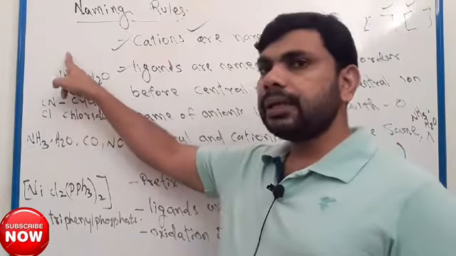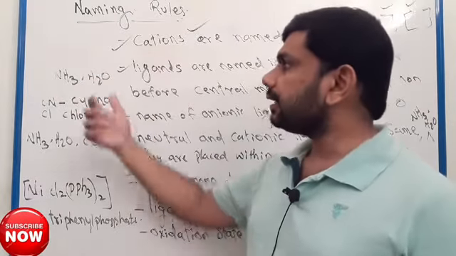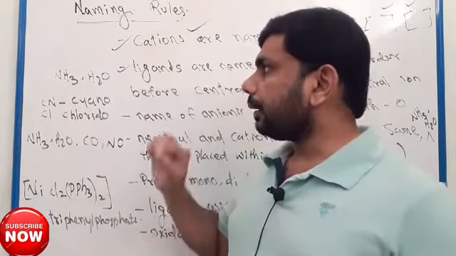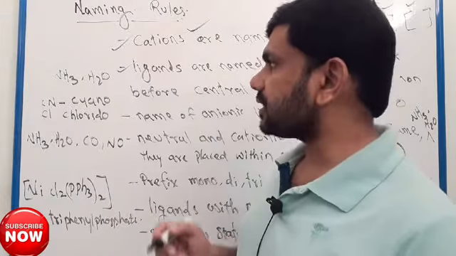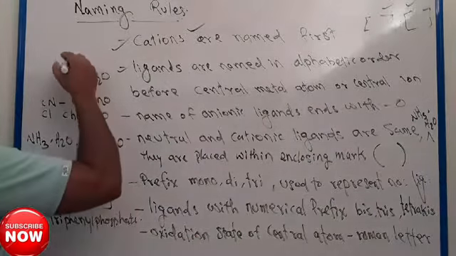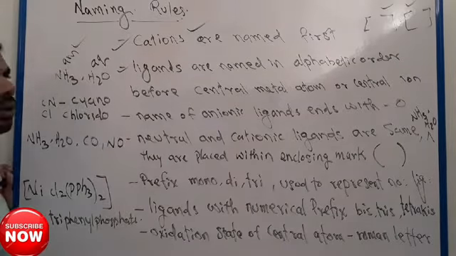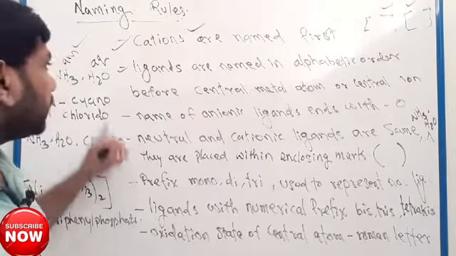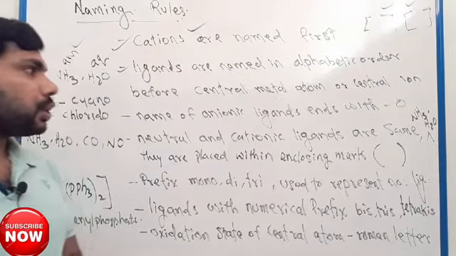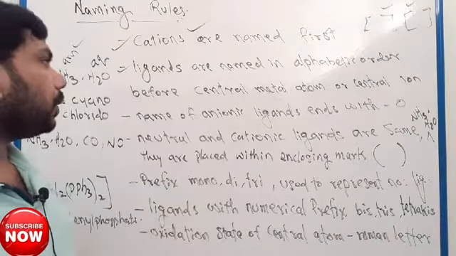NH3 is amine, H2O is aqua. So amine we have to write first because the letters are AM, here aqua is AQ. So in alphabetic order AM comes first, amine first, then aqua. Clear? So here ligands are named according to their alphabetic order.